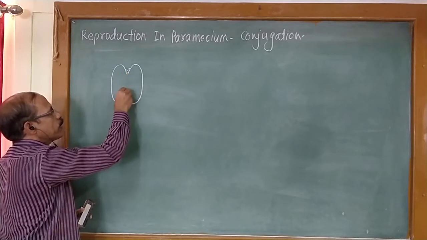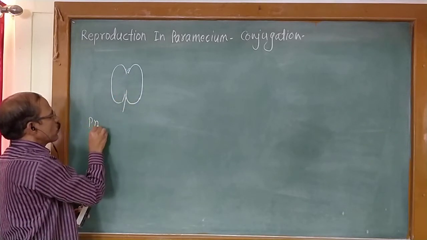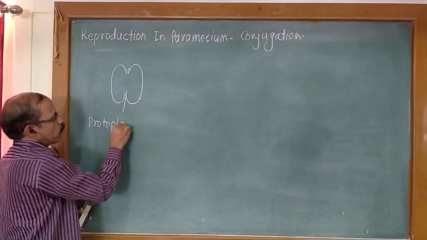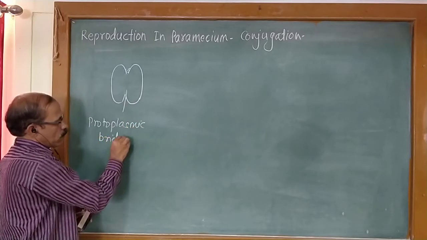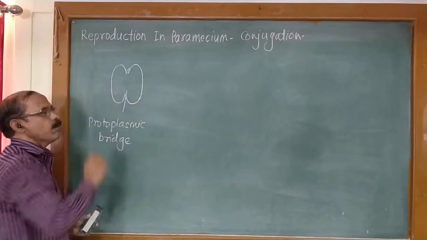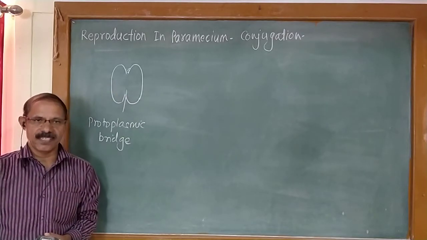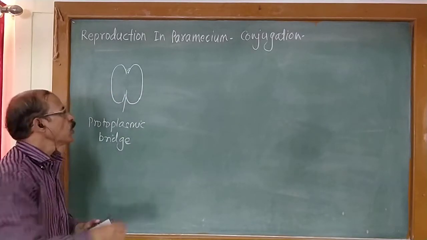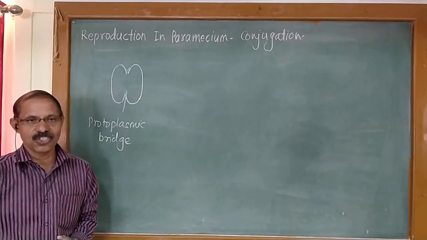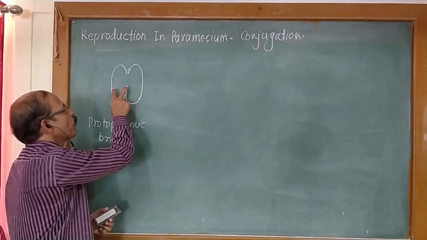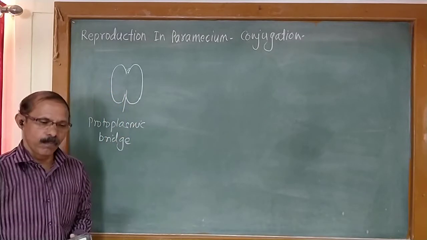This is called a protoplasmic bridge. It is formed between the two paramecia for the exchange of genetic material.